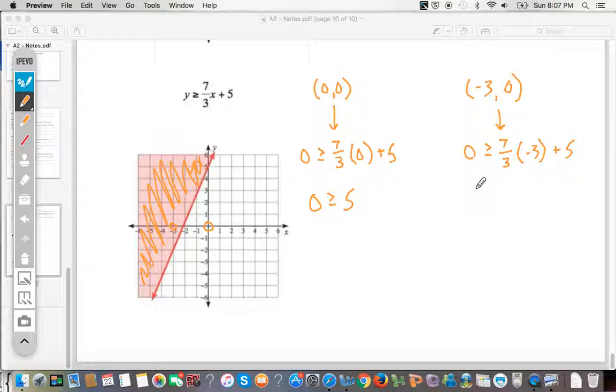Okay, so this is the same thing as 0 is greater than or equal to negative 7 plus 5. Okay, because those 3's cancel, we're left with a negative 7. So 0 is greater than or equal to negative 2. So that means we do shade on this side of the line.